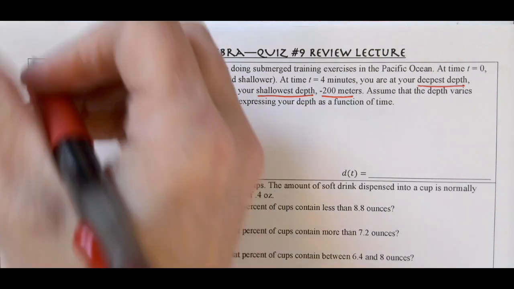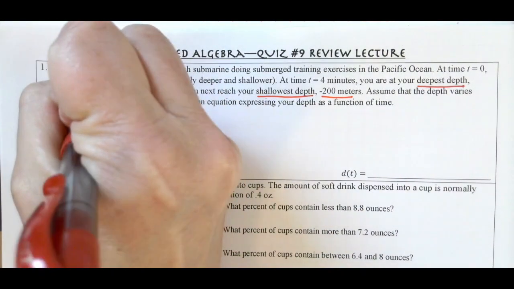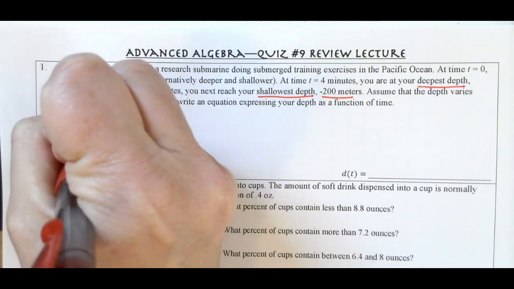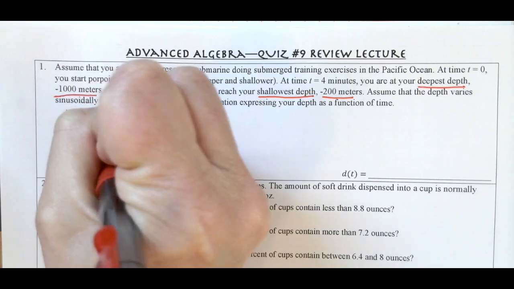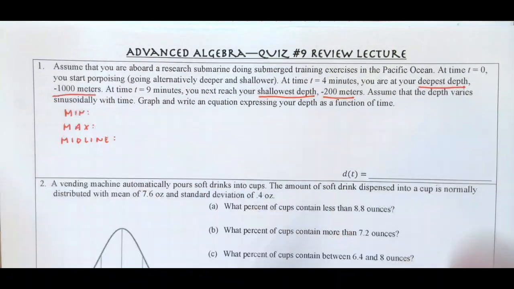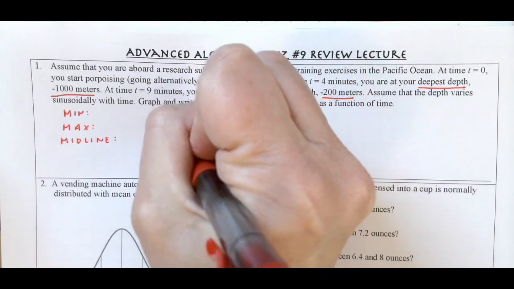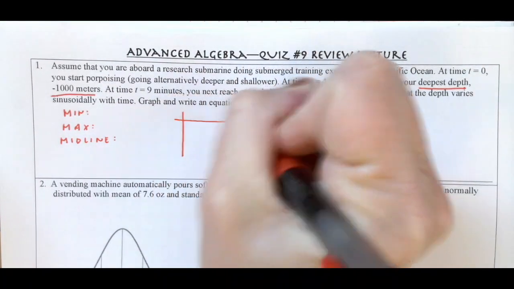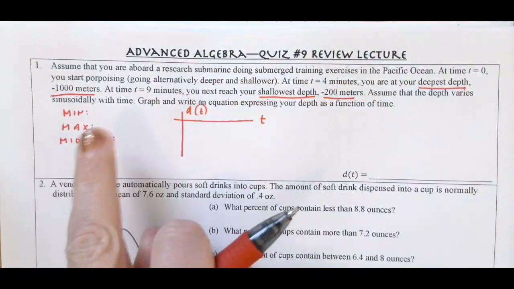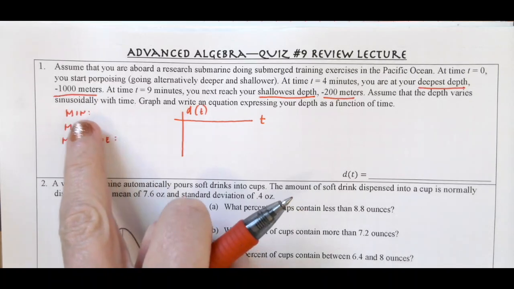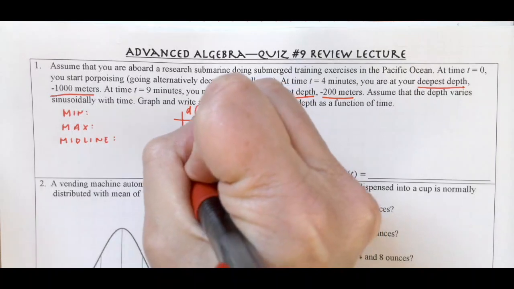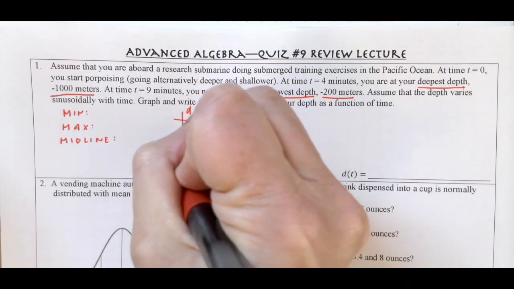All right, so let's list our min, our max, and then find the midline. Let me visualize this first, because we're looking at depth as a function of time. Our min, where it's deepest, would be down here at -1,000.